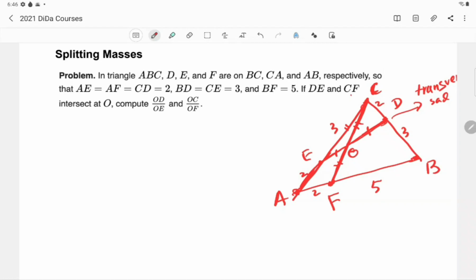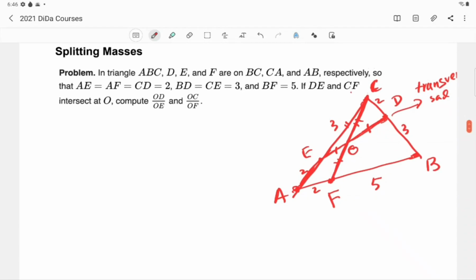In physics, the same thing can be reasoned like this. If you don't split the mass around C, then if you want to balance A and C, there's only one way of splitting the system of three masses, A, B, C. It's A and C first, you make it balance around E, and then the only other mass left is B. You have to balance B and E. Then you won't be able to figure out the ratio around O, which is what you're asked to calculate.